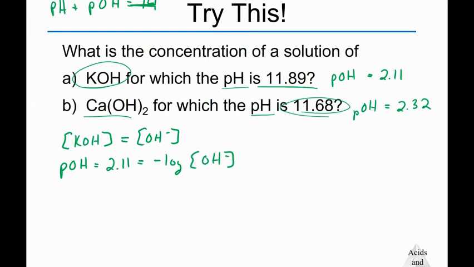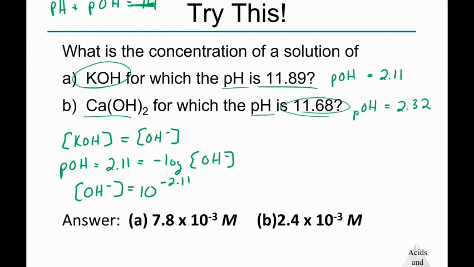And by doing that, I can plug this in the same way, and we end up getting the concentration of OH minus equals 10 to the negative 2.11, which gives us 7.8 times 10 to the negative third.